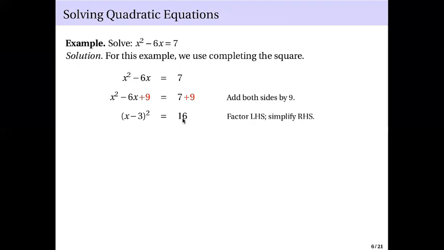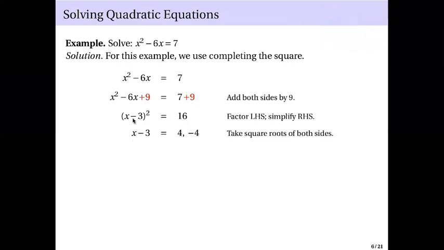Now, remember the first method that I discussed earlier: if you have x squared equals p, this means that x equals plus or minus the square root of p. It's similar to this. Something squared equals 16. Therefore, that something being squared will be equal to plus or minus the square root of 16.